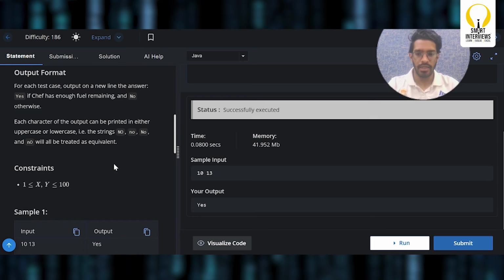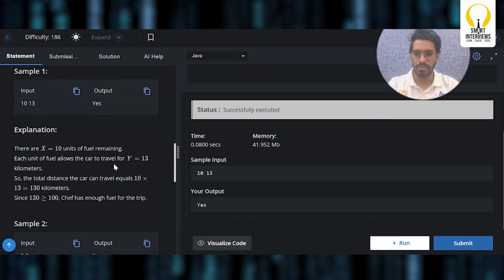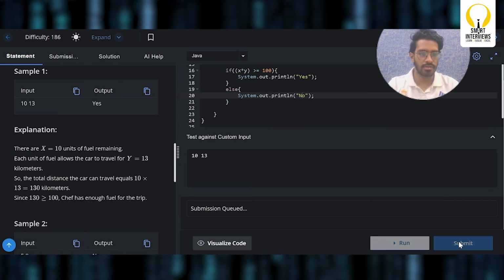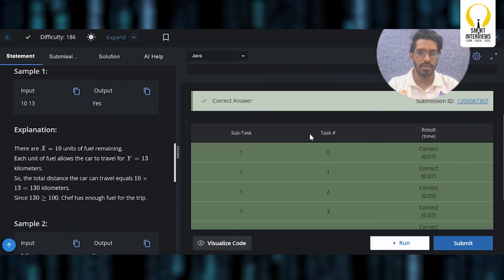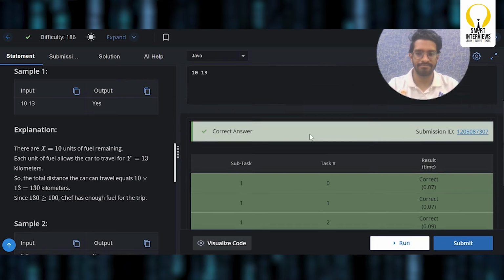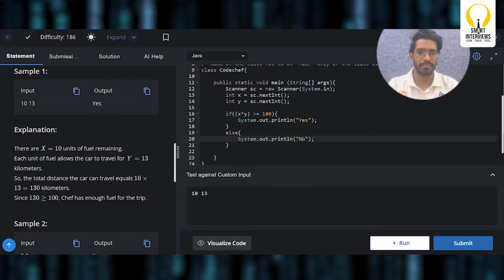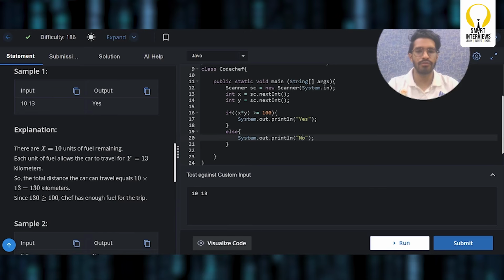So for 10 and 13, the output should be yes. If you see, for 10 and 13, the output is yes. Let us try submitting it. As you can see, it got successfully submitted. So let us move forward to the next problem as well.